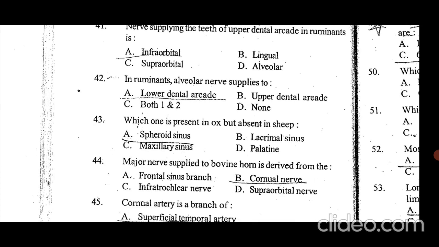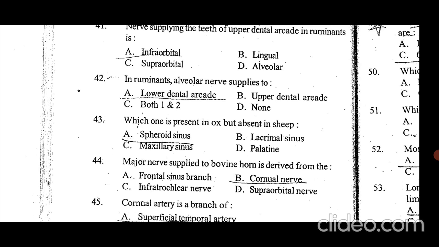The major nerve supplied to the bovine horn is derived from the cornual nerve. The horn is itself a cornual process, so its nerve is the cornual nerve.